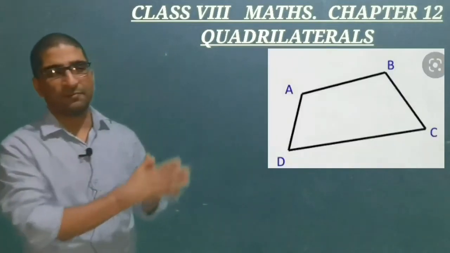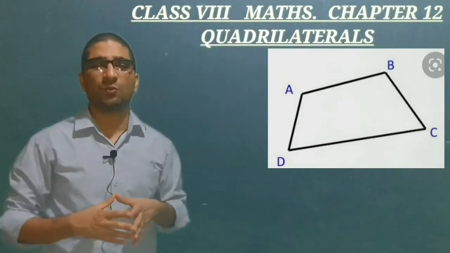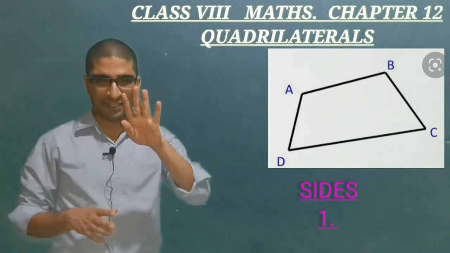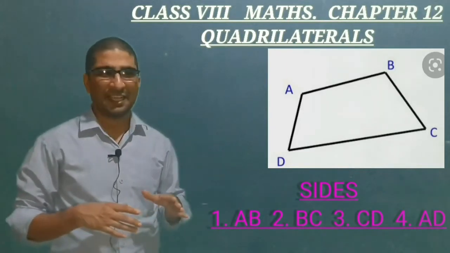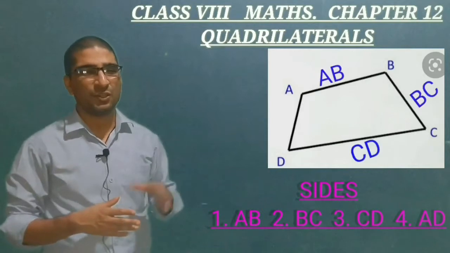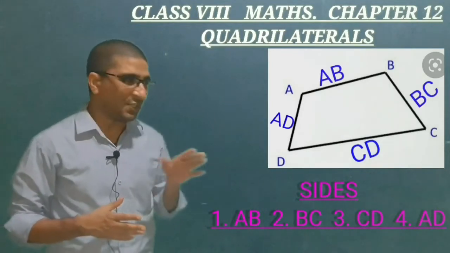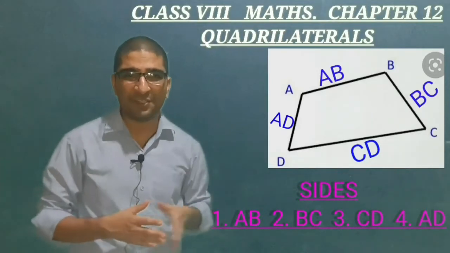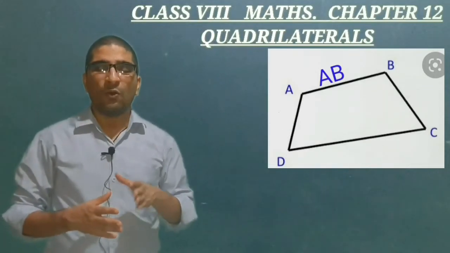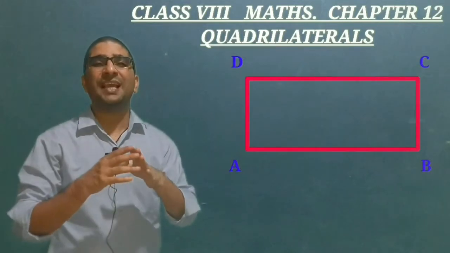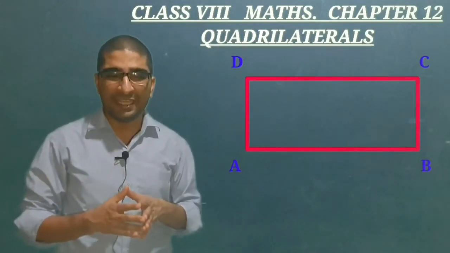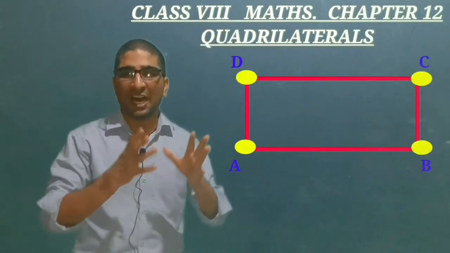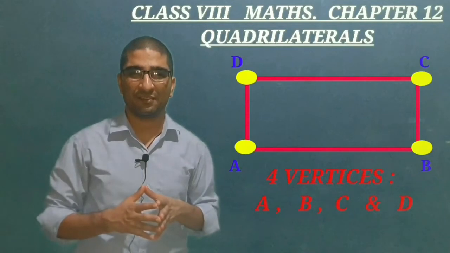As you have seen in the figure, ABCD is a quadrilateral. Here we have 4 sides, that is AB, BC, CD and AD. These 4 line segments are the 4 sides of the quadrilateral ABCD. Now, what are the points A, B, C and D called? Here, the points A, B, C and D are called vertices.